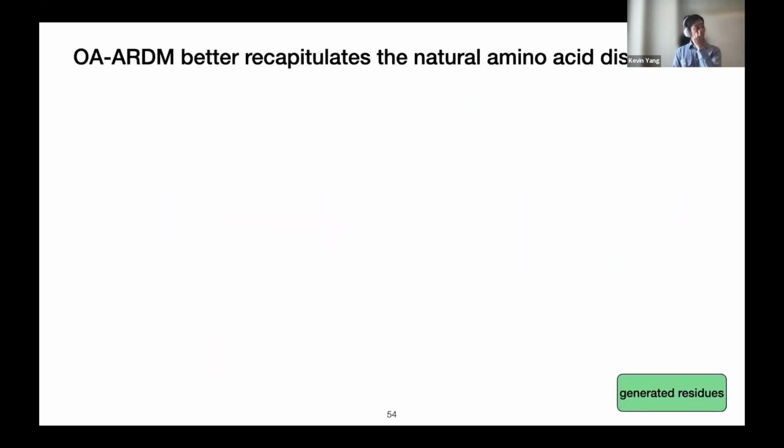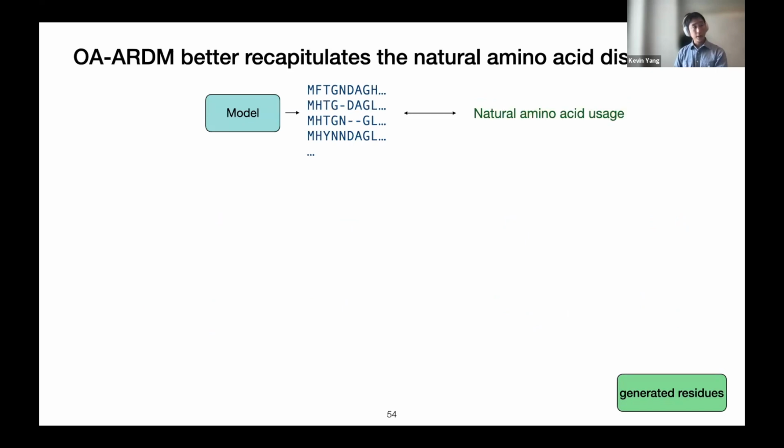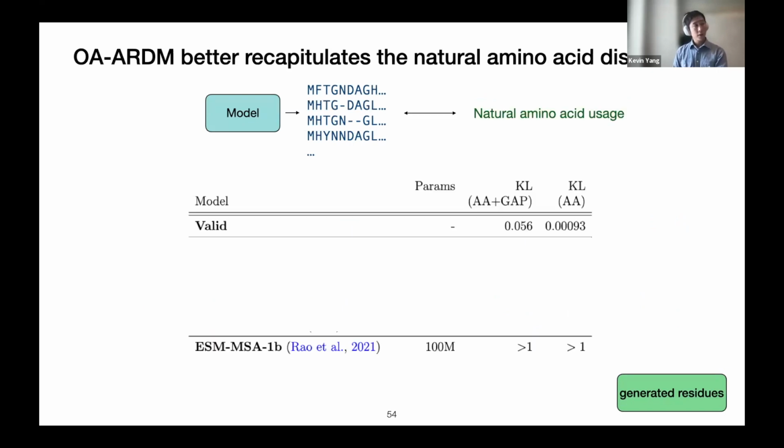Once again, we find that the order agnostic autoregressive diffusion better recapitulates the natural amino acid distribution. Here, we're generating an alignment and looking at the natural amino acid usage. On the validation set, we compute KL with and without gaps, just because now we have gap tokens because of the alignment step.